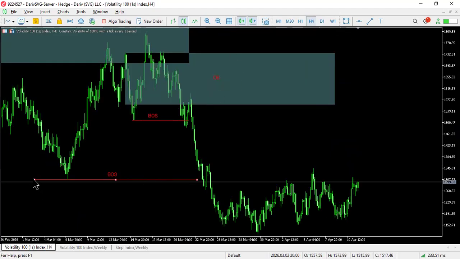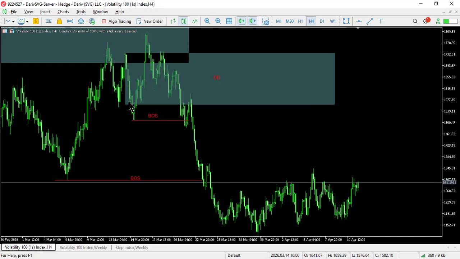From the 4 hours, if we are to adjust, so we have this break of structure here. So we have that break of structure right there.